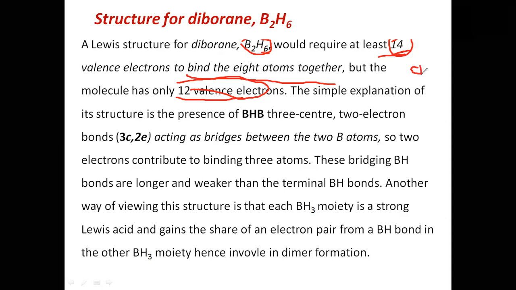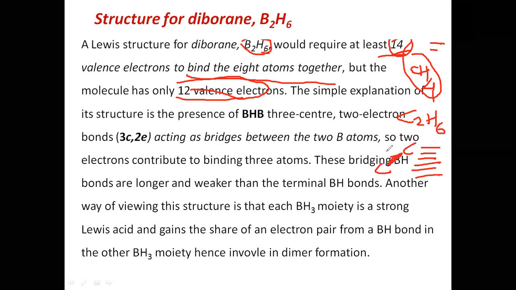For example, think about CH4. How many electrons do we expect? 4 hydrogens form 4 bonds, so there are 8 electrons, and that is correct. Similarly, think about C2H6. The 6 hydrogens form 6 bonds, and the 2 carbons are connected to each other by 1 bond.